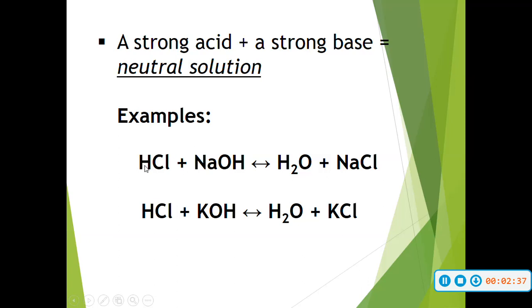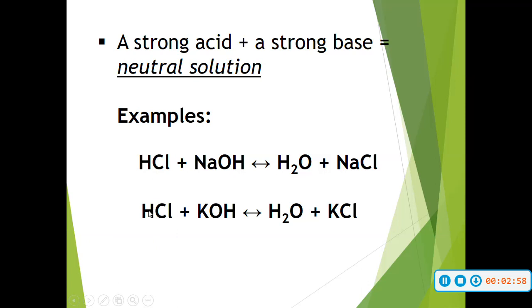Your hydrogen from your acid is going to combine with the hydroxide in your base. And then your two in the middle, closest to your plus sign, are going to combine to form your salt.